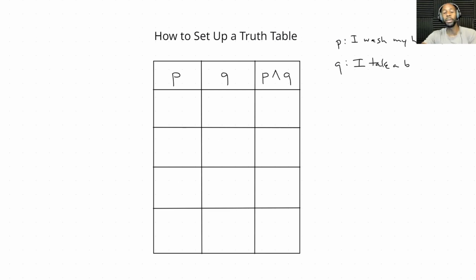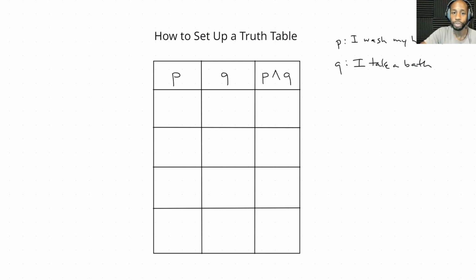I'm just picking stuff out of my head, so don't worry about that. But these are literally statements, okay? And when you set up a truth table, you are trying to determine the outcome of when each of these statements is true or false, okay?